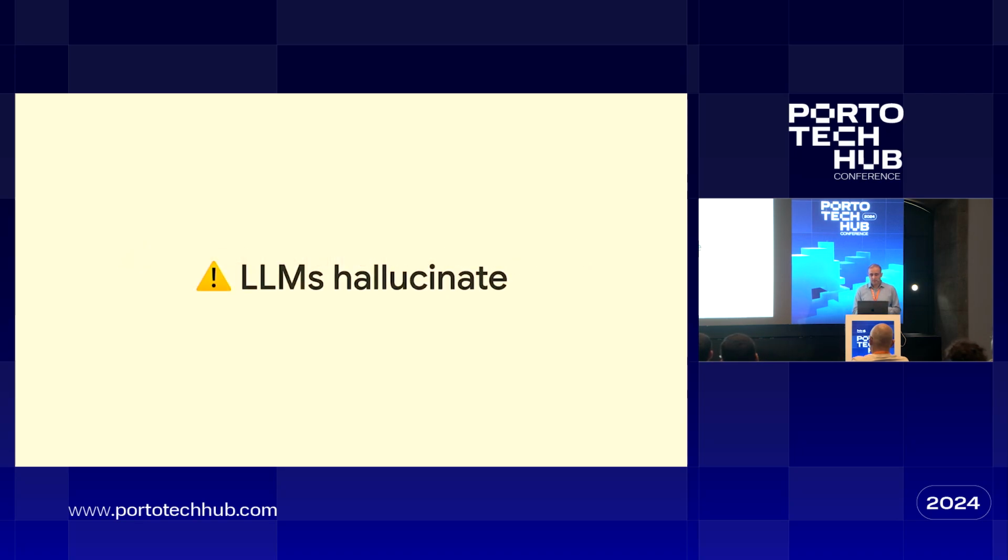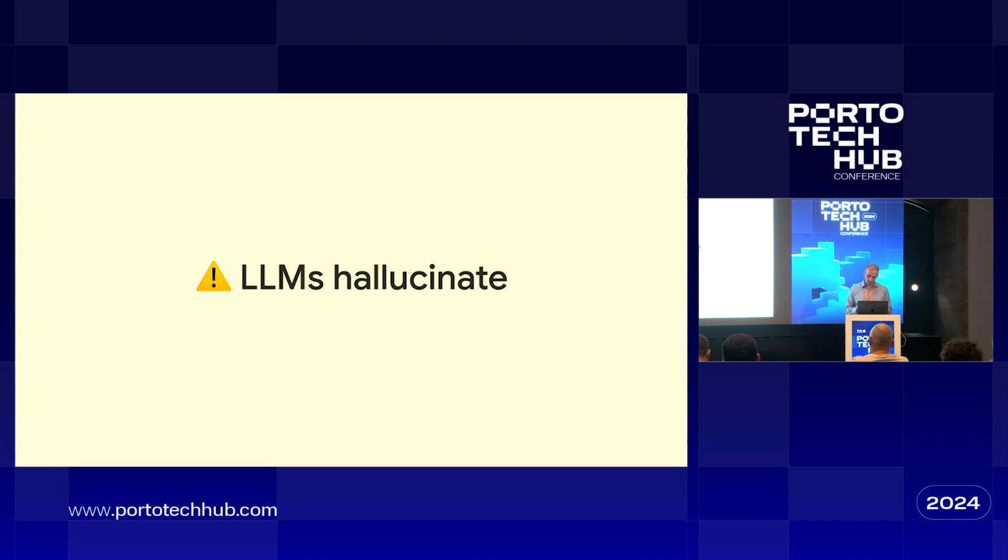The second pitfall with LLMs, and this is a big one, is they hallucinate. They tell you things that are not true, and they do this in a very authoritative way. So it's very hard to tell whether they're lying or not, but they do. If you are building an application where accuracy is really important, then you can't just rely on the LLM's output by default.